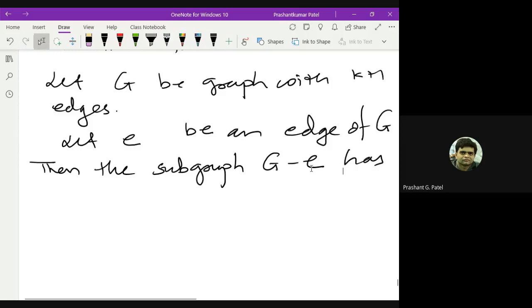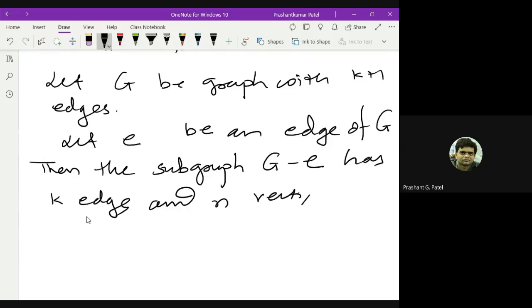If I remove one edge, then G minus E contains k edges. And how many vertices? The vertices will be n. The vertices will not be changed. So it has k edges and n vertices.